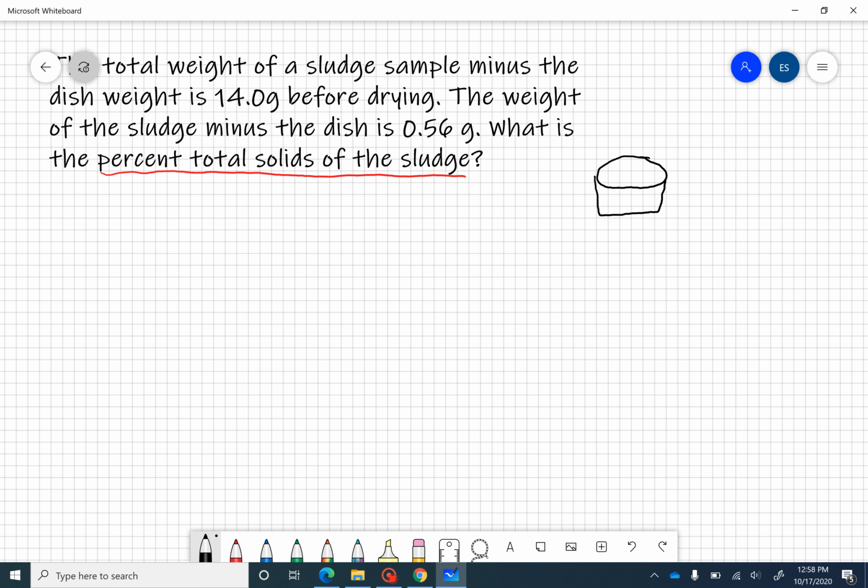So, the simple answer on how to do this problem is to divide the leftover, so 0.56 grams in this case, divided by the initial weight of the sample, which in this case was 14 grams.